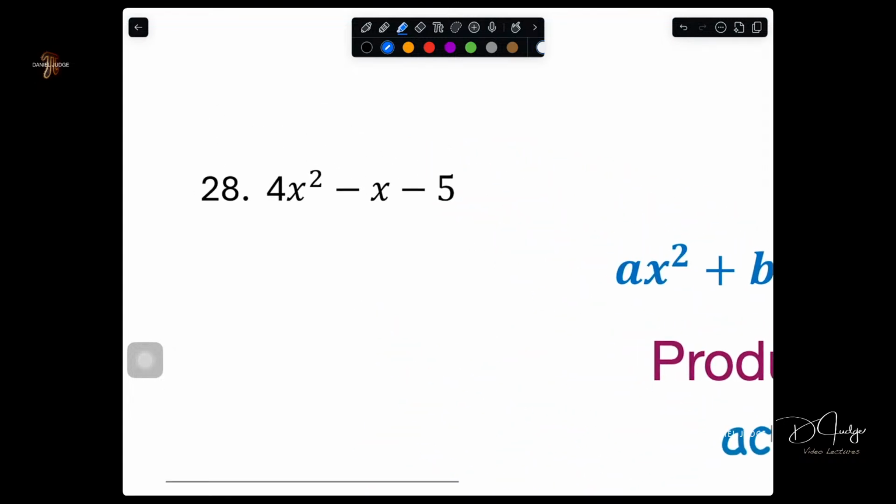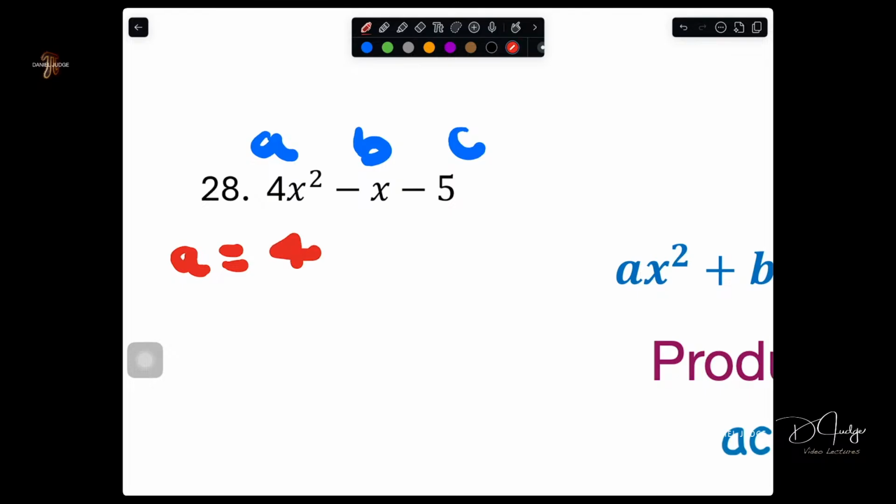That leaves us with the last one, number 28. Oh, good. A, B, C again. So notice A is the value 4. A is not the number 1.